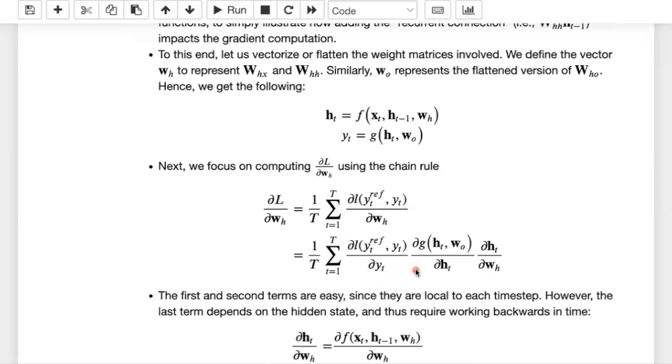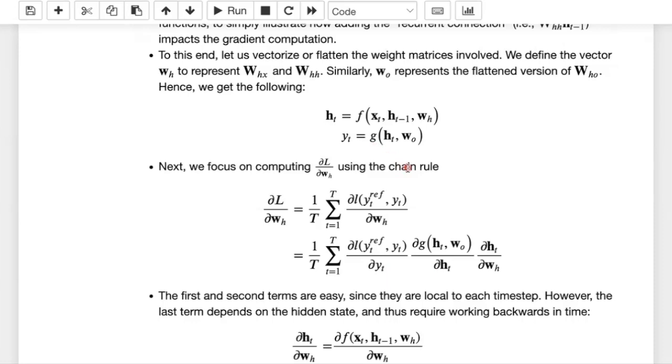So these first two terms are easy to calculate, right? This depends on your loss function. If it's like a mean squared error, this is super easy, it's a quadratic function. This one is very easy too, if it's, let's say, simply a sigmoid function or something of that nature. But what is really important to discuss here is how we want to find the partial derivative of this HT with respect to WH.